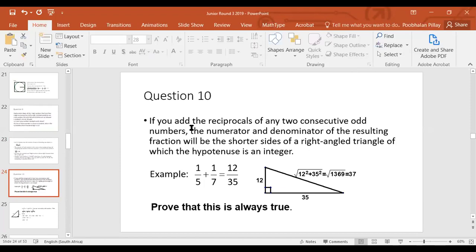It says the following. If you add the reciprocals, what is the reciprocal of 6? The answer is 1/6. The reciprocal of 10 is 1/10. Just excuse me, my room has become dark.